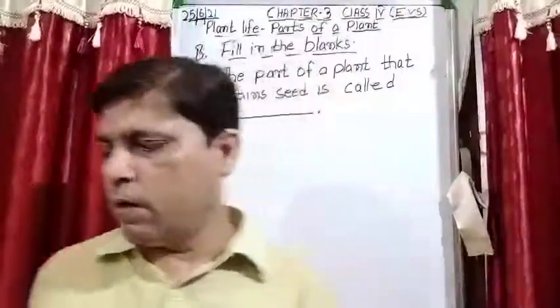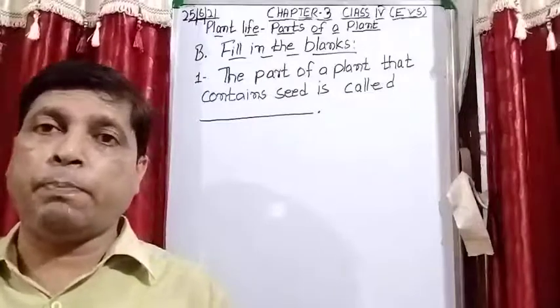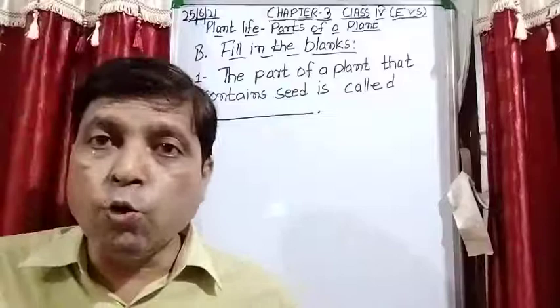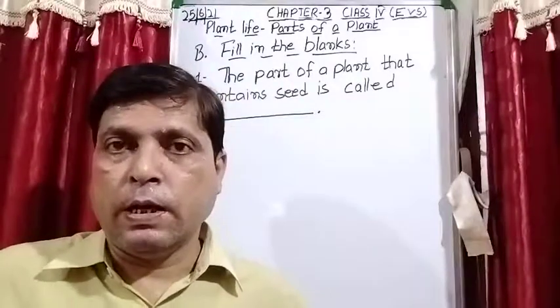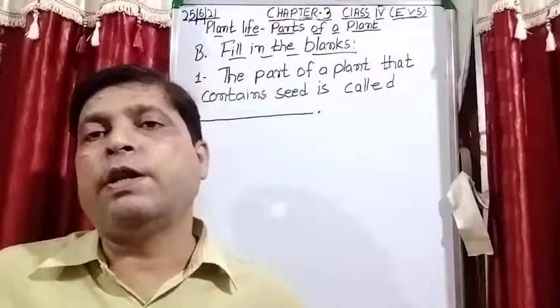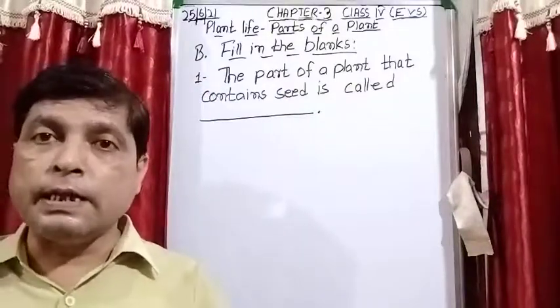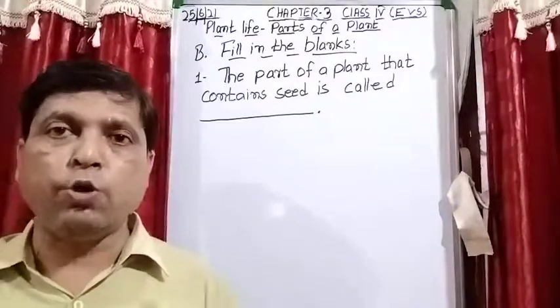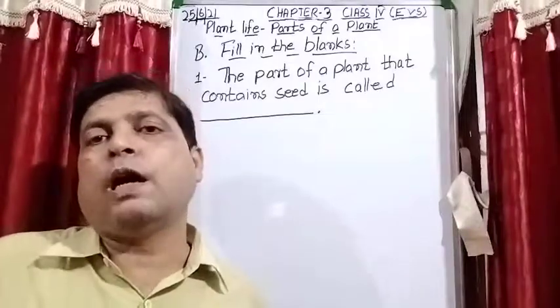So student, seed is a very important part of the plant because from this seed the new plants or baby plants grow. Is it clear? Plants reproduce through the seeds.